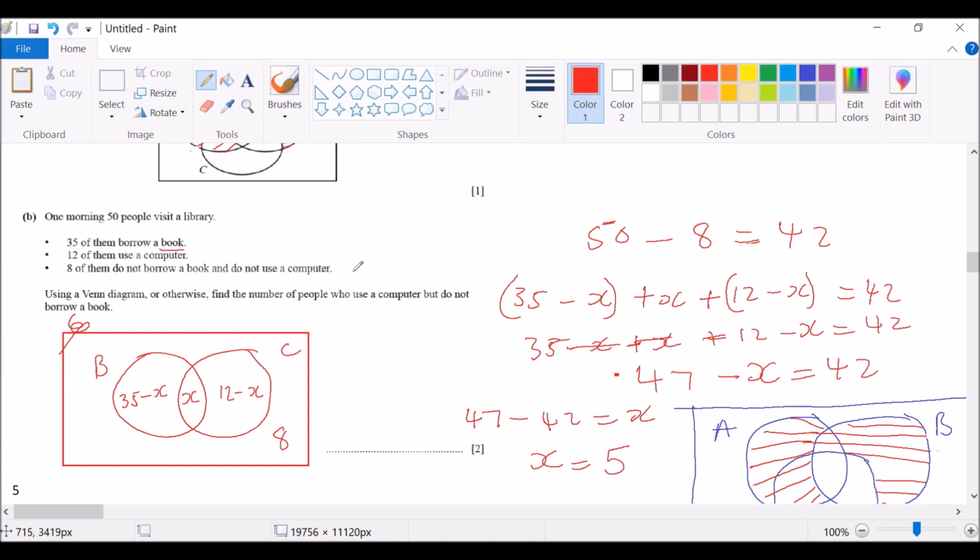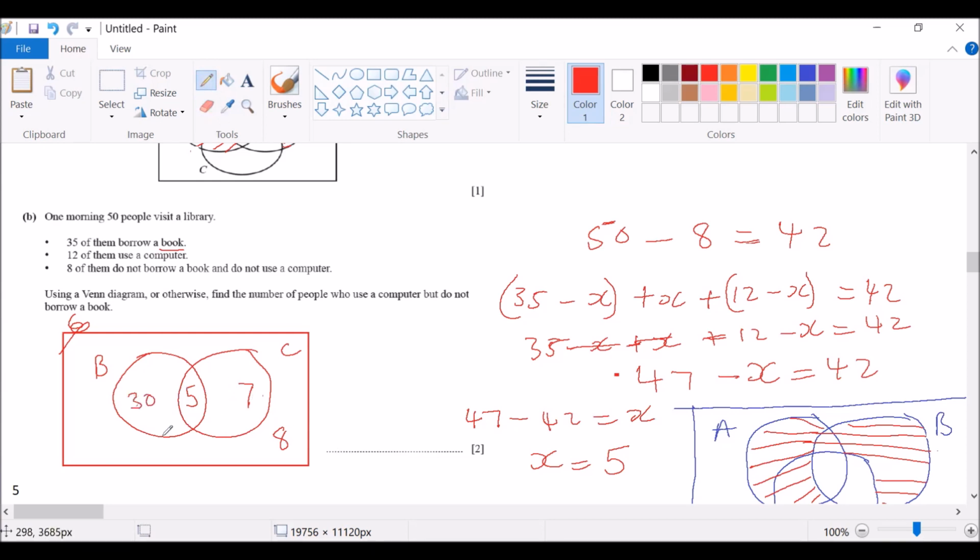So now we can draw our Venn diagram with real values. Whenever we see X, we put 5. So we have 5 there. 12 minus X, 12 minus 5 is 7. So we can put 7 in here. 35 minus 5 is 30. So we can put 30 in here.